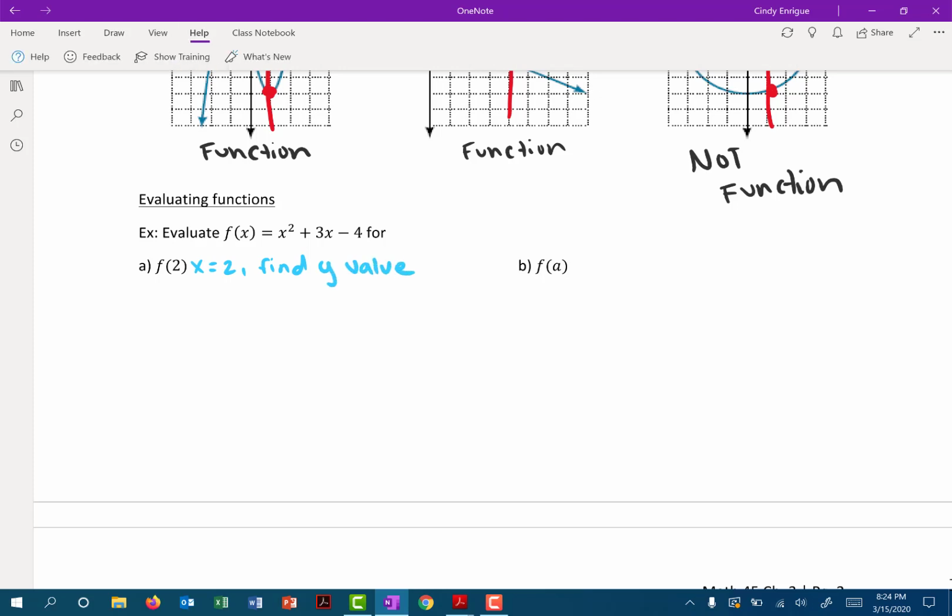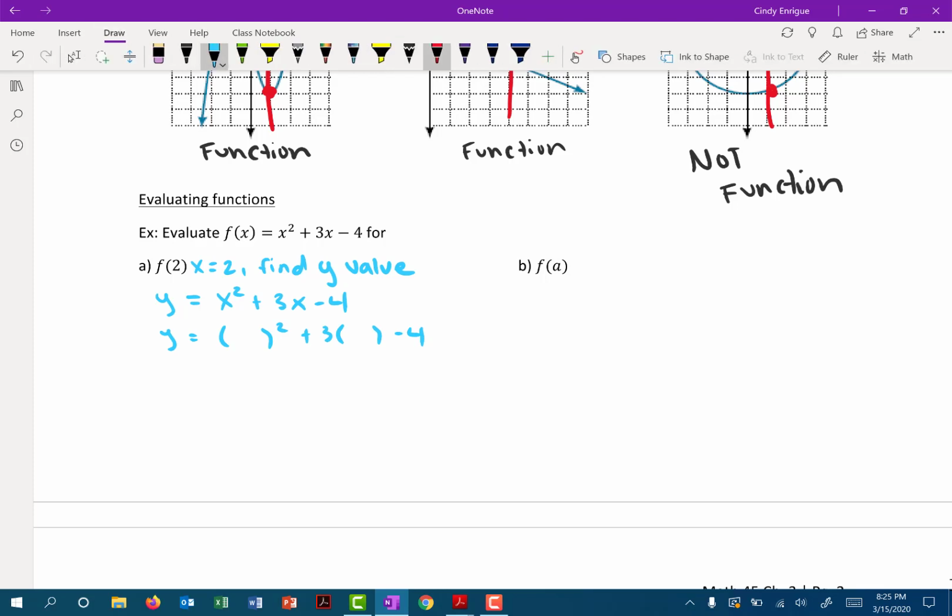So what I want to do is find my y value. I know that this is really y is equal to x squared plus 3x minus 4. So that x value that I'm going to be plugging in is going to be a positive 2.